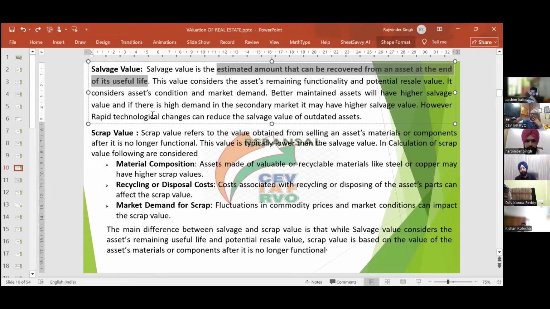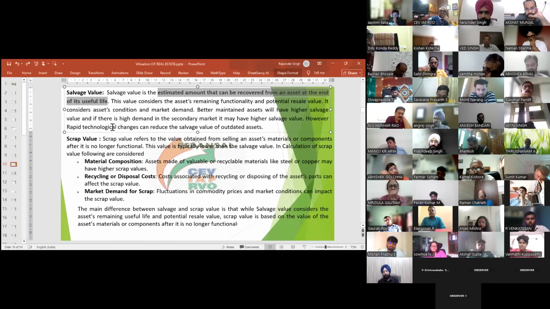Economic life means you can still use it, but it is not economical to use it. Let us suppose you have an old car. You can use it, but every time you take your car out, you need to get it repaired. Every time you have to spend an amount on repair.